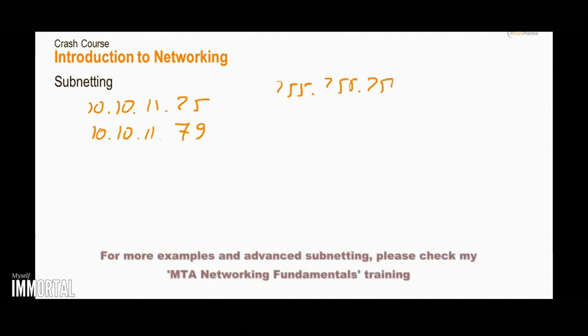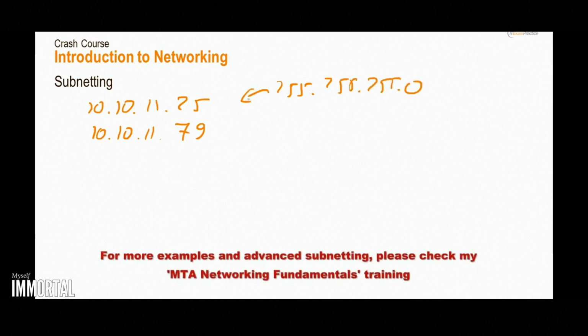I will start with one example to make sure that you're okay with subnet masks. If not, please make sure you watch my previous video. 10.10.11.25 and 10.10.11.79, subnet mask 255.255.255.0.